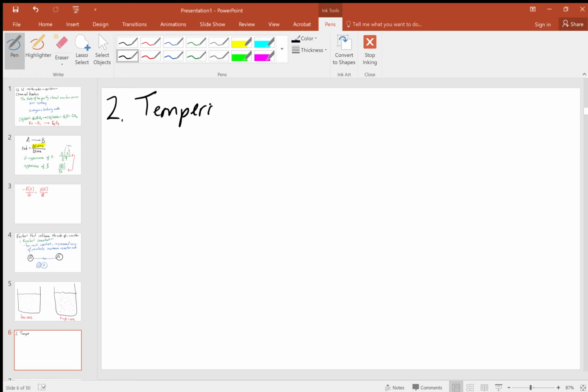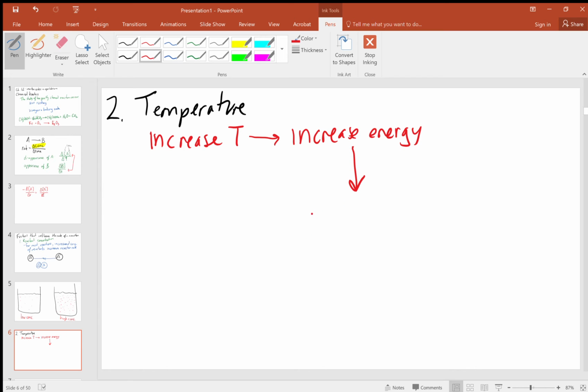Second thing is temperature. So again, for most reactions, if we increase the temperature, that increases the energy. If we increase the energy of our molecules, then we do two things very quickly.